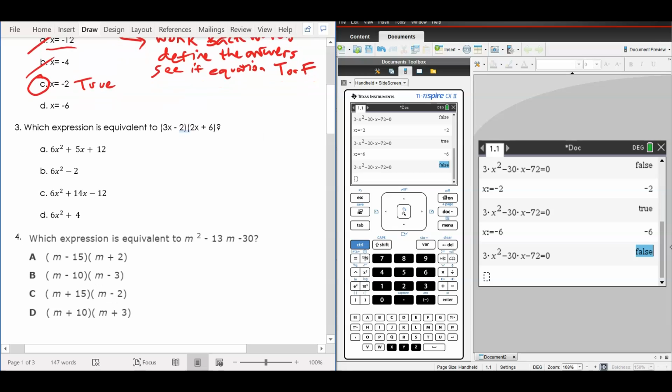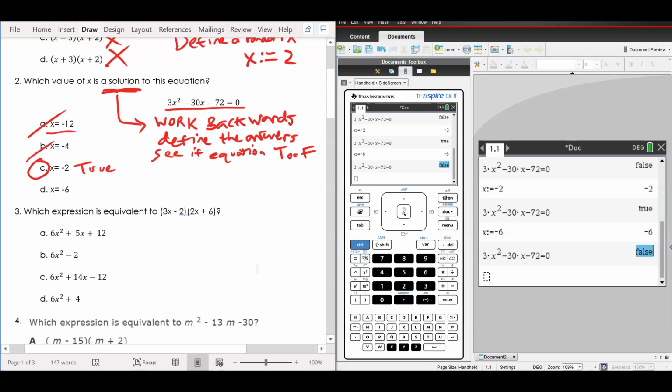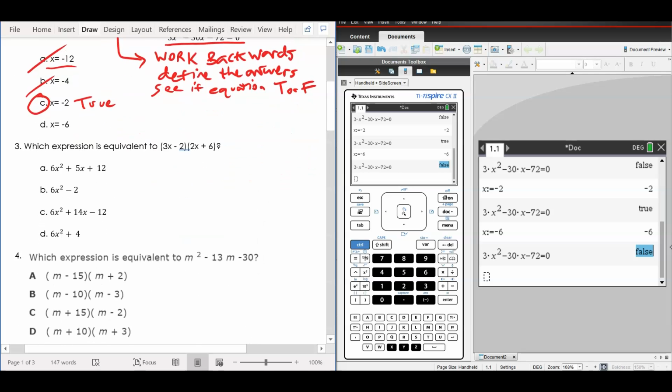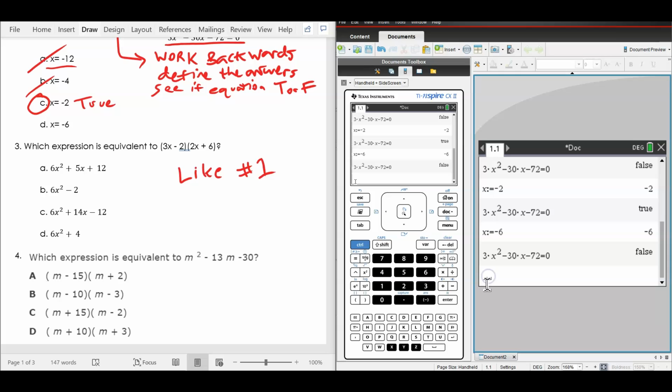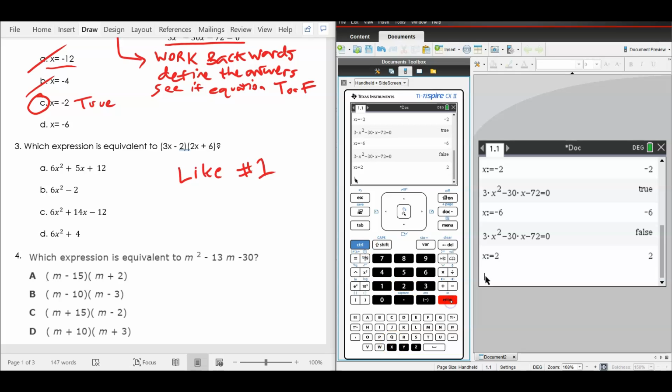Okay. Now, number 3, which expression is equivalent to this? You can do it by graphing or by defining. I'm going to do it by defining. So I'm going to say x, control, defined as 2, some random number, doesn't matter.